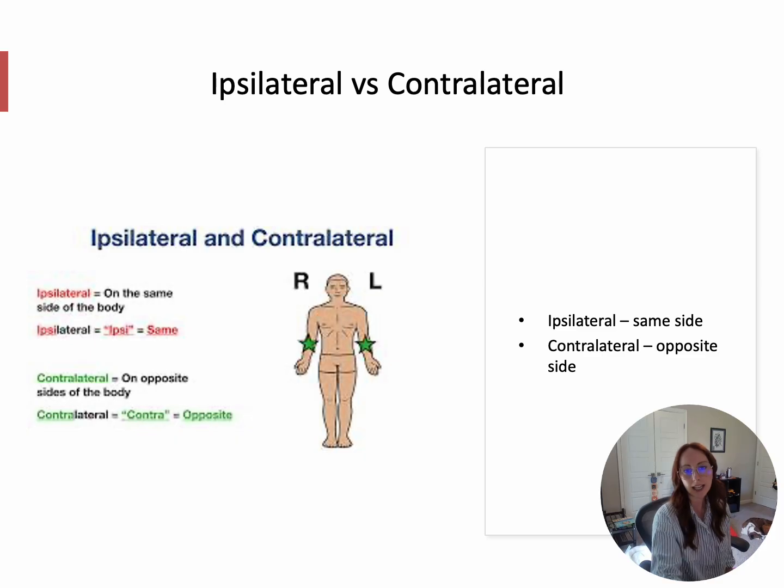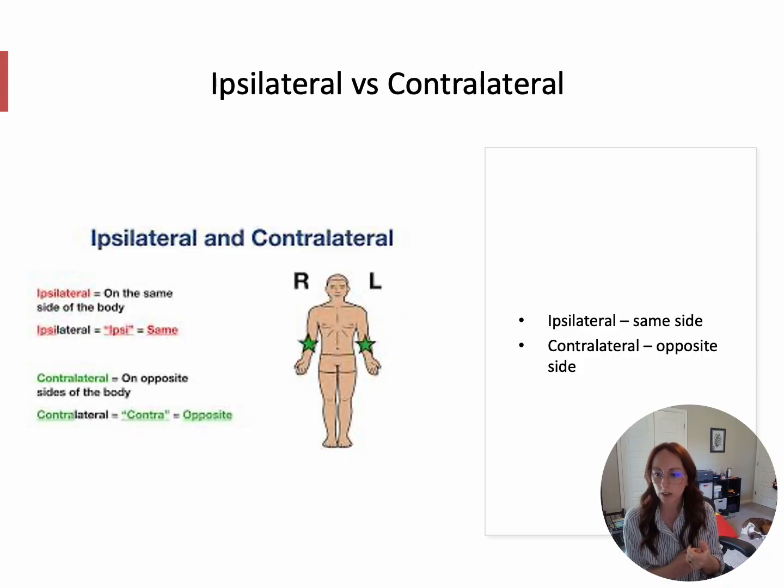We have ipsilateral and contralateral. Ipsilateral means the same side. This is a very common term, for example, if someone has a stroke. If the stroke was severe enough to affect their movements on one side of the body, say their left side, maybe their left arm is affected, and then you can say their ipsilateral leg is affected as well, their left leg on the same side.